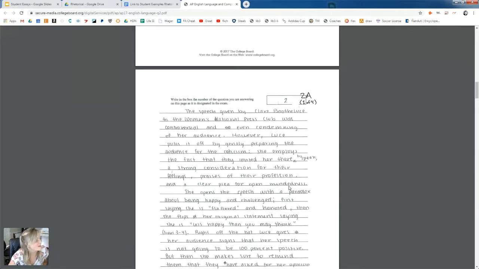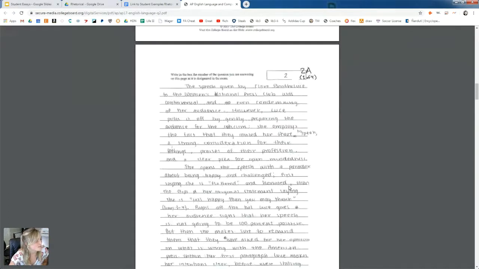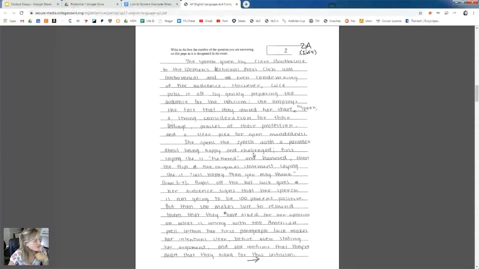Okay. She opens the speech with a paradox about being happy and challenged. Okay, so there's their first rhetorical strategy. First saying that she is flattered and honored, then flips her original statement saying that she is less happy than you may think.